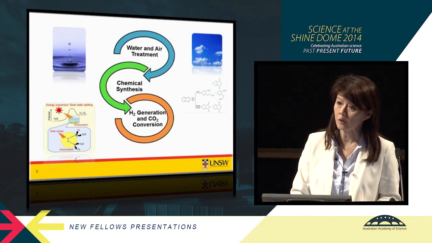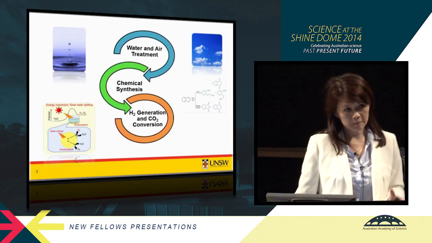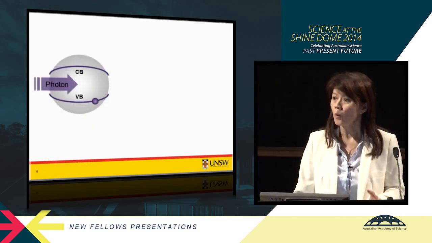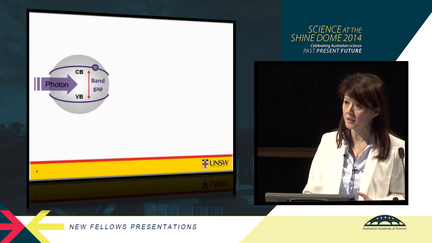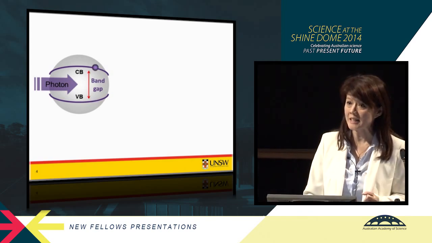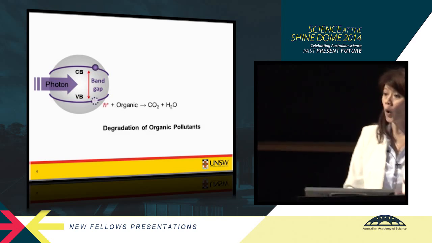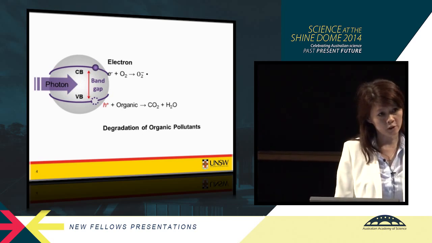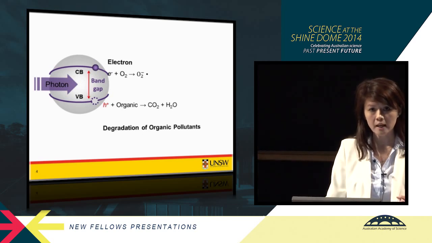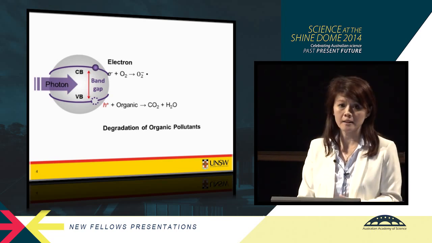So how does a photocatalyst actually work? A photocatalyst is normally a semiconductor material. When you hit it with a photon with energy greater than the bandgap energy of the semiconductor, you excite an electron from the valence band to the conduction band, leaving holes that are highly oxidizing. If you have organic molecules in contact with the holes, they are readily oxidized, ideally to carbon dioxide.